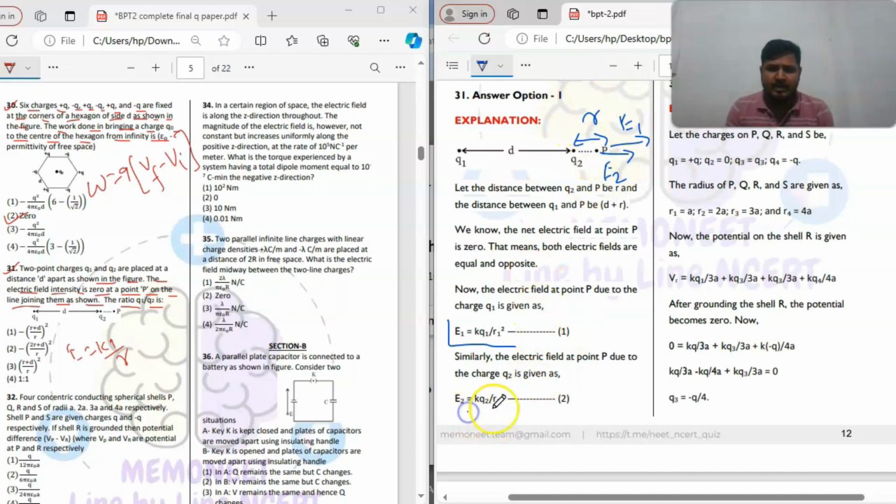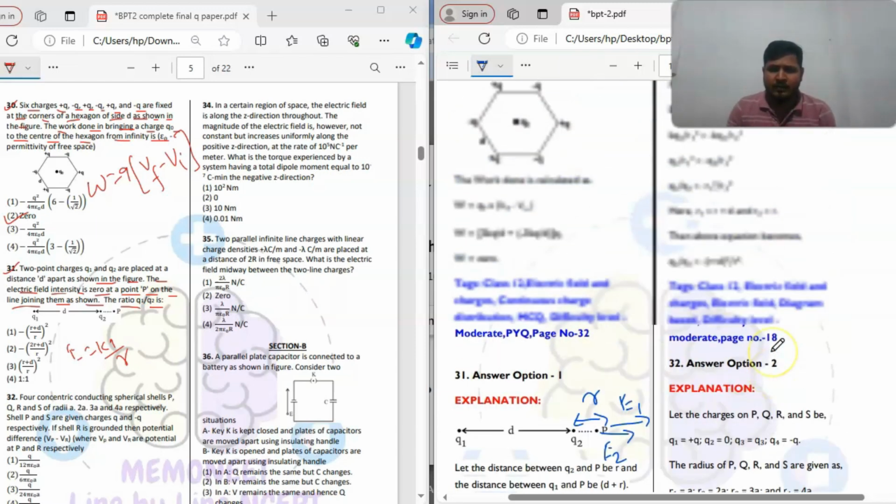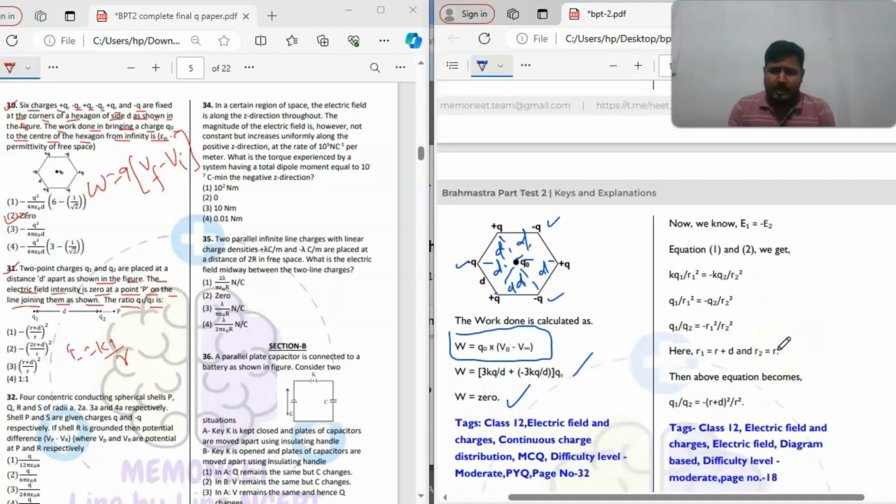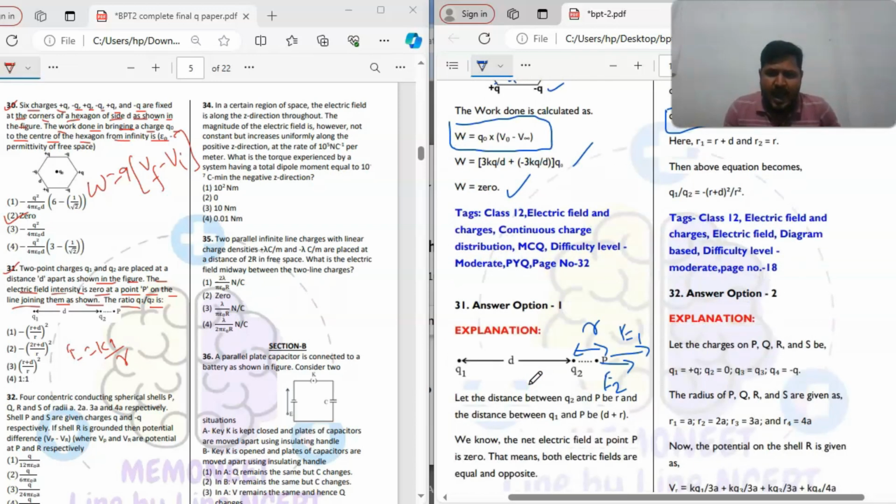So this is K q2 by r2 square. Now these are what we have from the question. At point P the electric field is 0. So we get E1 is equal to minus E2. So after that we get q1 by q2 is equal to minus r1 square by r2 square. Now what is the value of r1? R1 is the what?